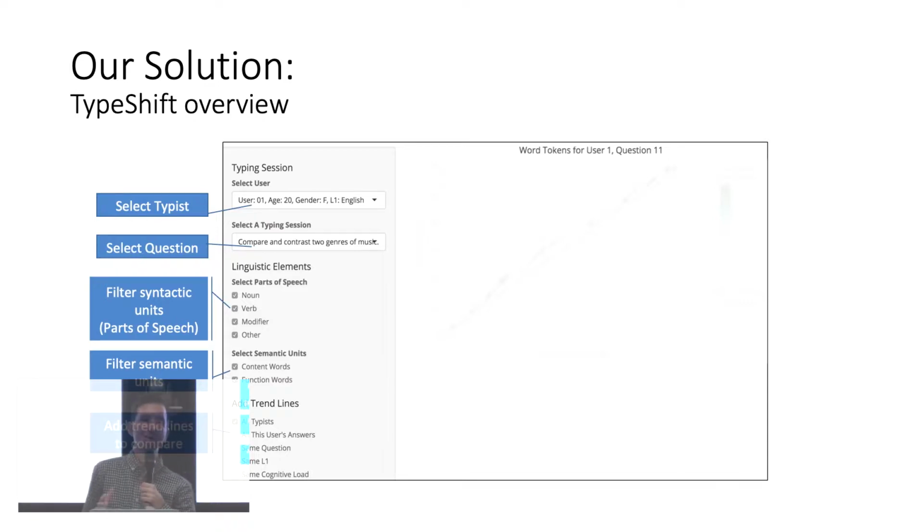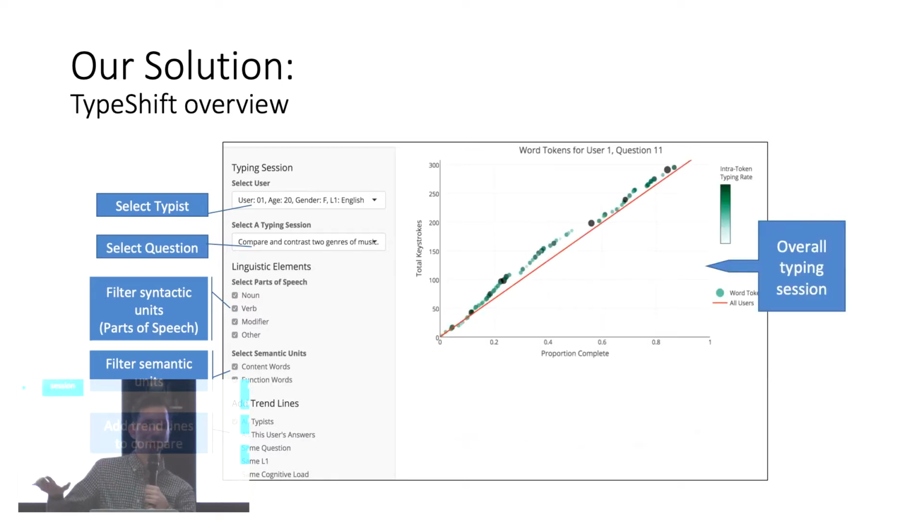And finally, and most importantly, for this meaningful information, you can select your baseline. Do you want to compare this typist to the entire population, or do you just want a subset of the population that this typist belongs to? I'll go into more of this in the coming slides, but first what you can see is the entire typing session. Each dot represents a word token. When you combine them all together, you basically get a continuous line.